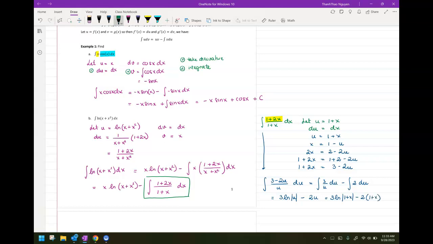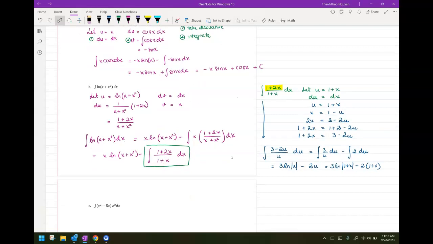Well, putting this all together, the result of this integral is equal to x times ln of x plus x squared minus 3 times ln of 1 plus x minus 2 times 1 plus x. Distribute the negative over.